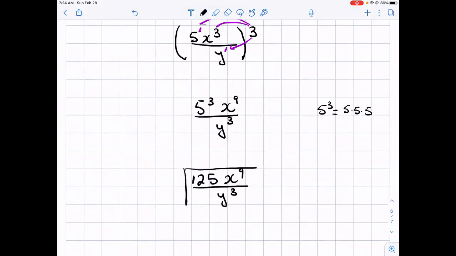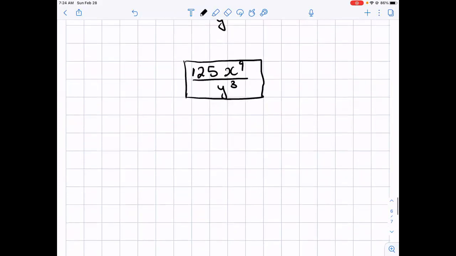And notice that my answer has all positive exponents, because as you simplify things, your exponents must be positive. Let's look at another example.